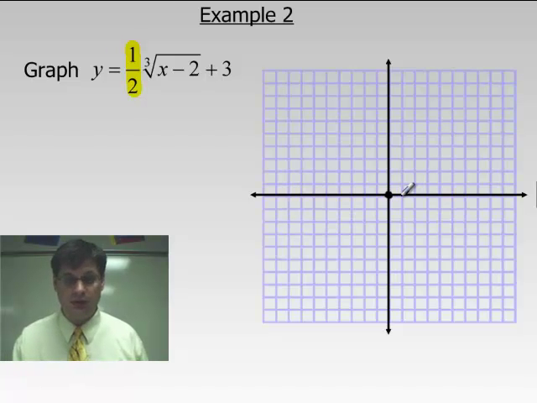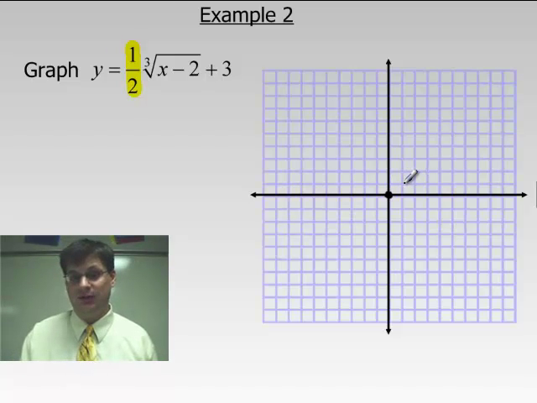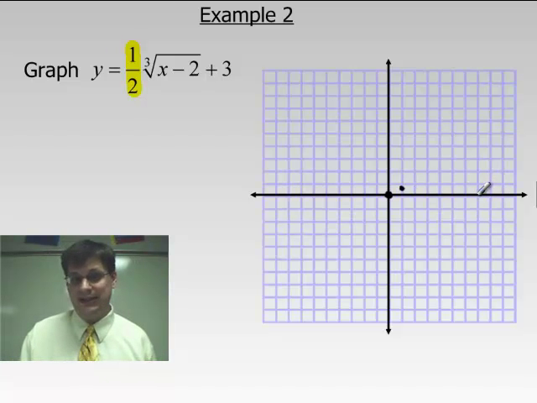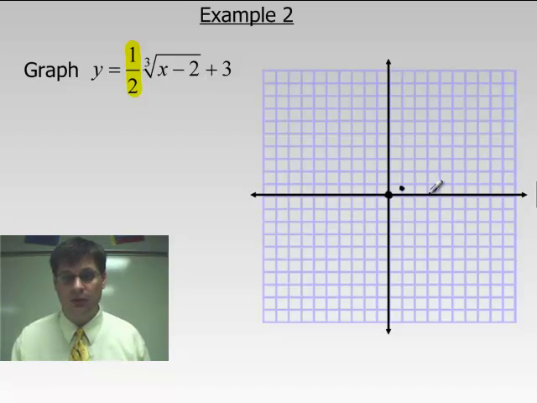So 1 would be one of those, and the cube root of 1 is 1, but we're going to do 1/2 of the y value, so it's going to be down here. Then the next cube root value is going to be 8, so I'd count 1, 2, 3, 4, 5, 6, 7, 8, and the cube root of 8 is 2. The parent function would be here, but we're going to do 1/2 of that, so it'll be at 1.